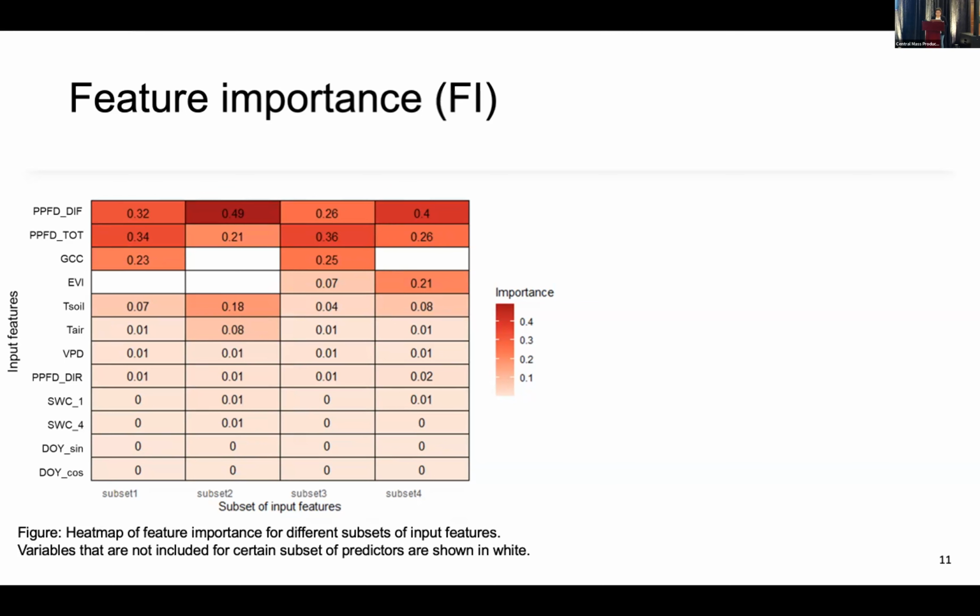And GCC here works as the second most important predictor. So that's what we expected. As we explained before, GCC reveals information of canopy and vegetation changes that is not included in other meteorological variables.